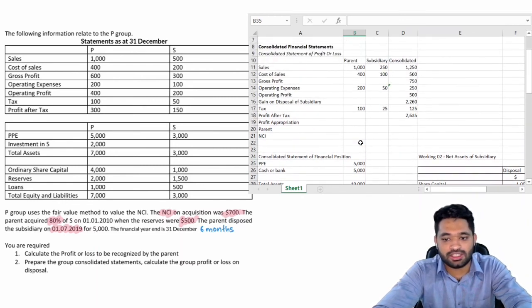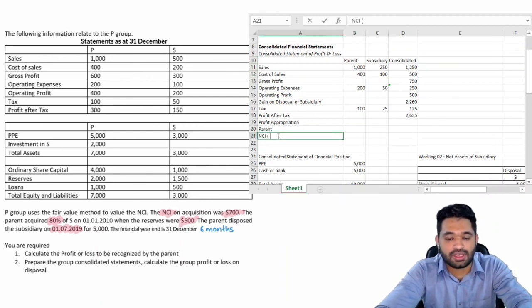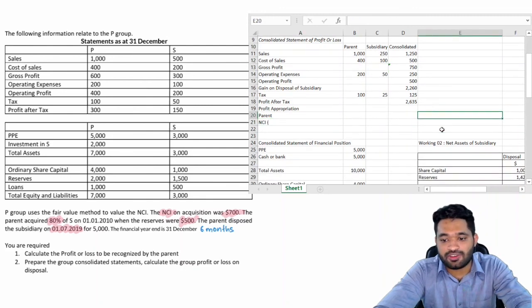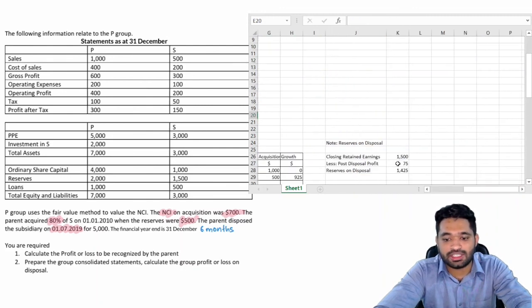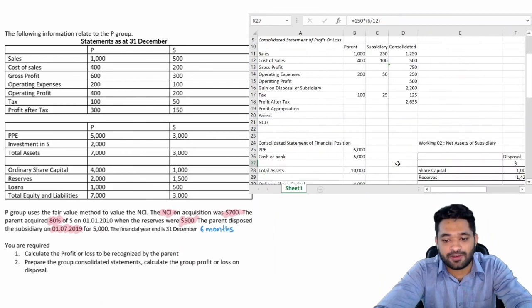Let's finish up our consolidated statement of profit or loss. So you see that we have a profit after tax of 2,635. Now we need to see what is the profit attributed to the NCI. The NCI is going to take a share of profits for the time period in which we own the subsidiary. So the profit that we made for the period that we own the subsidiary was 75.